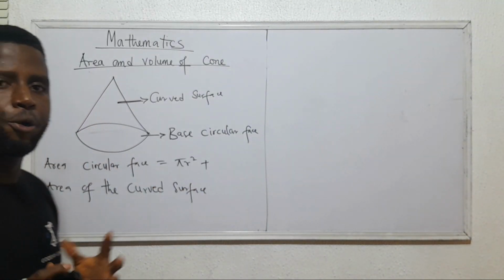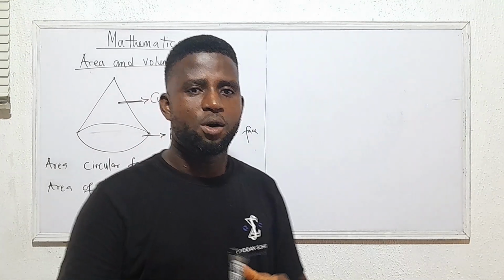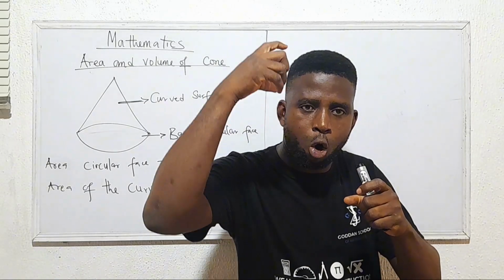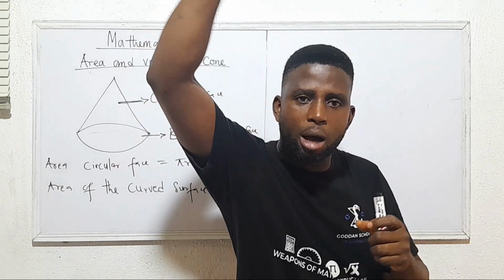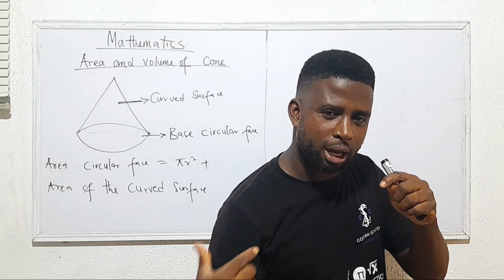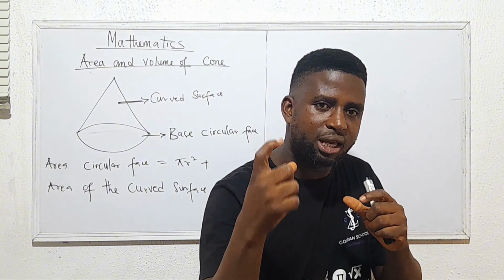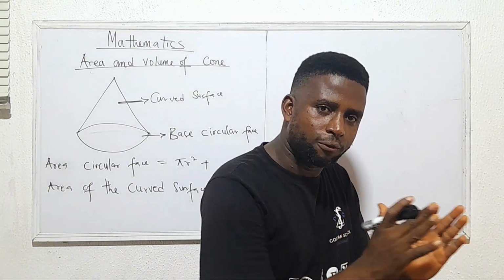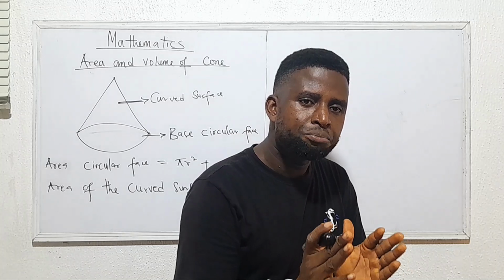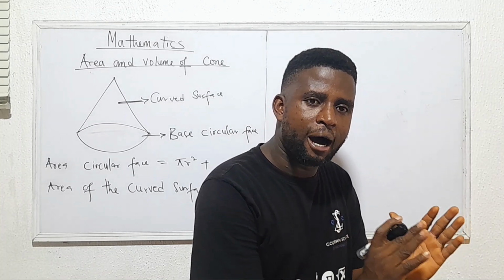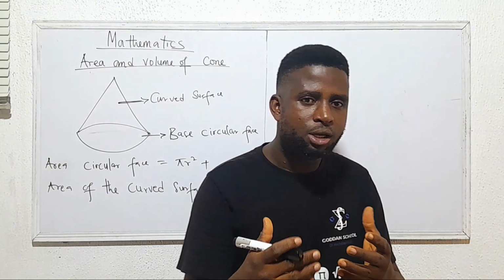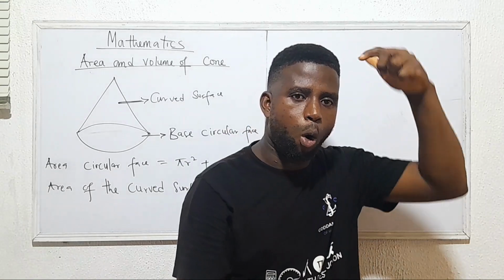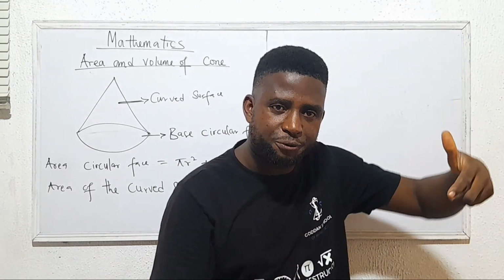Now, remember that when we detached the hollow parts, that is the top circular face and the base circular face of a cylinder, that was when we had the net of the cylinder. So we said that the net of the cylinder is the shape you get when you detach the circular faces.